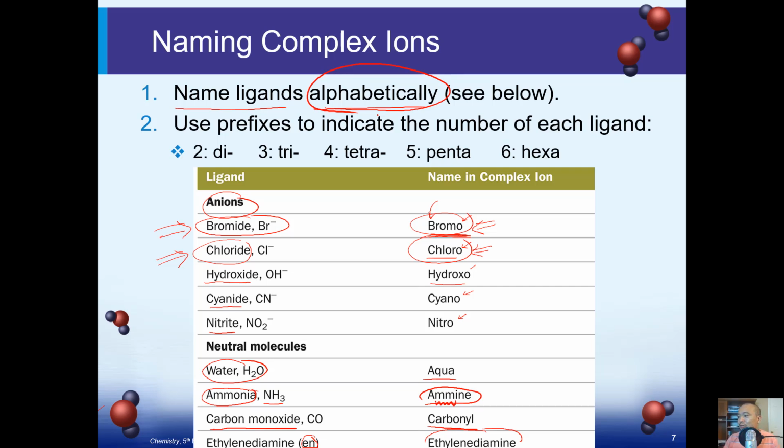Step 2, use the prefixes to indicate the number of ligands that you have. For example, you use di to represent 2, tri for 3, tetra for 4, penta for 5, hexa for 6, etc.